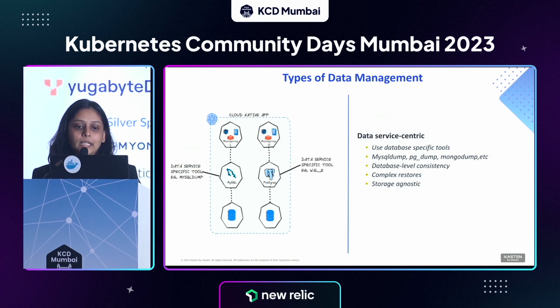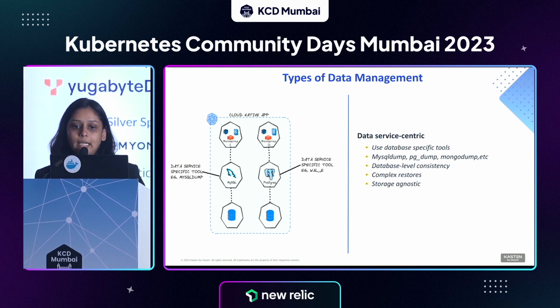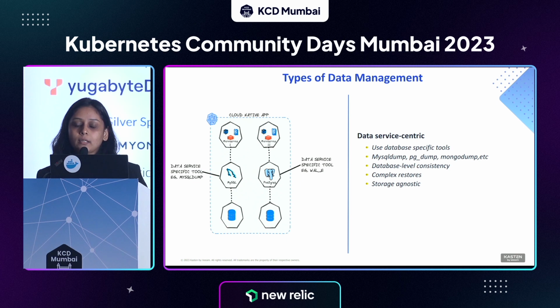The third type of data management approach is that we use data service specific tools, examples like MySQL dump, pg_dump, etc., which will take the backup of the data. In this case, database level consistency is achieved, and this type of data is out of band and can be restored to different types of storages. Restores over here are relatively complex.